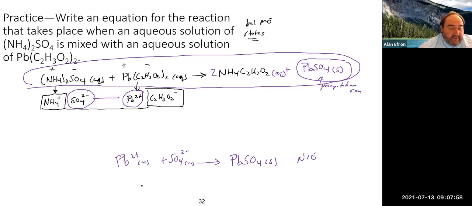We could figure out easily that it is the ammonium and the acetate in this case that are our spectator ions. Just to quickly write it out and show you, this would be what you would get if you did your total ionic equation.